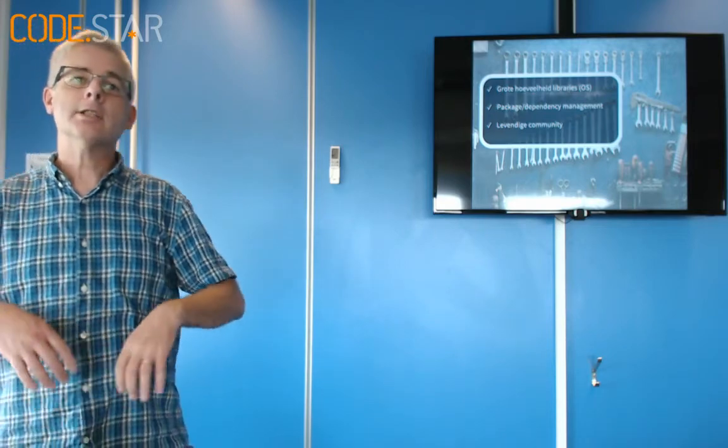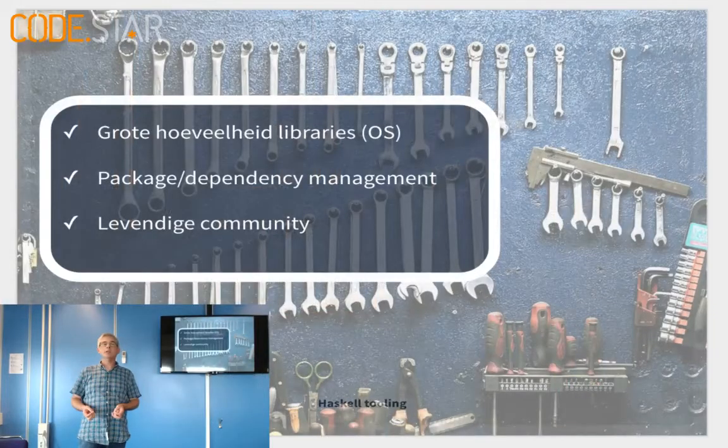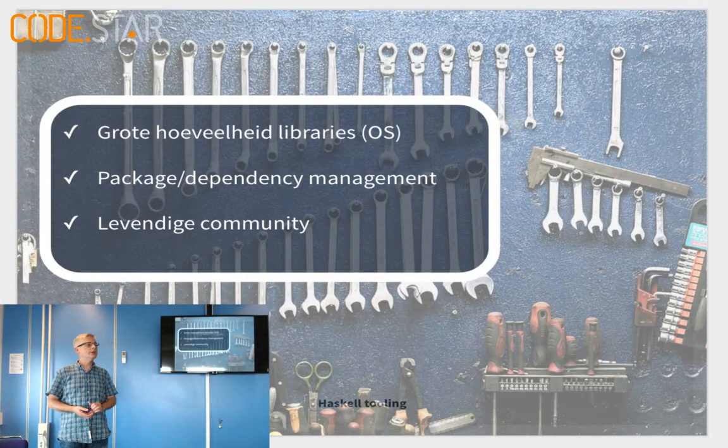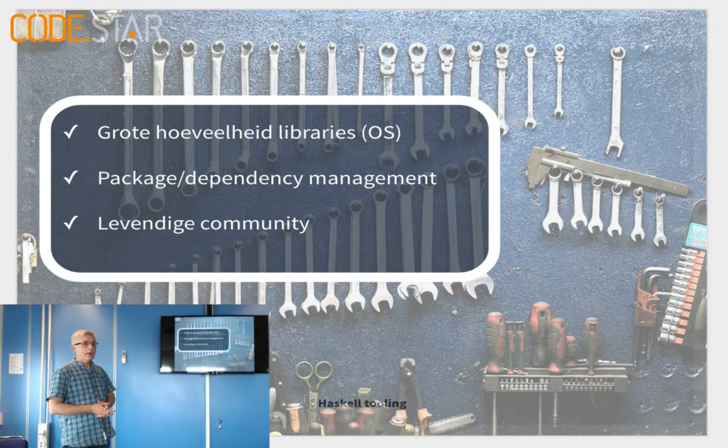So that's, of course, in theory nice to play with, but any language you can only use in real life if there are a lot of libraries, stuff like that. And there's really a big bunch of libraries, a lot of them open source, and there's also a Haskell-specific search engine based on types.